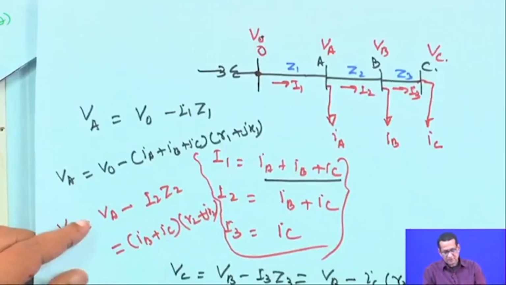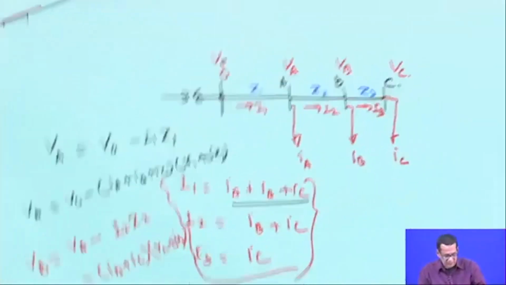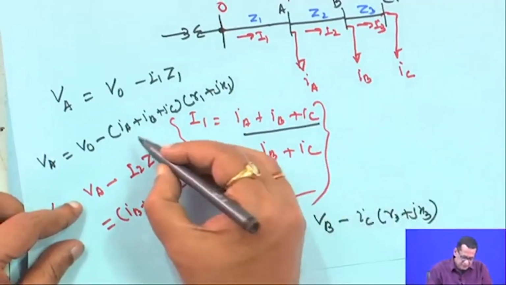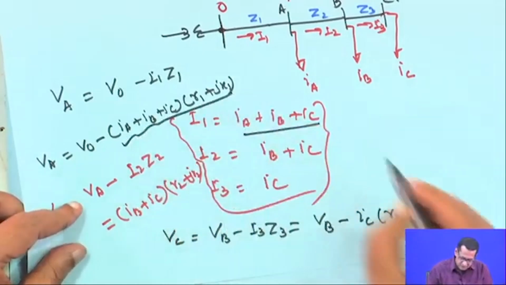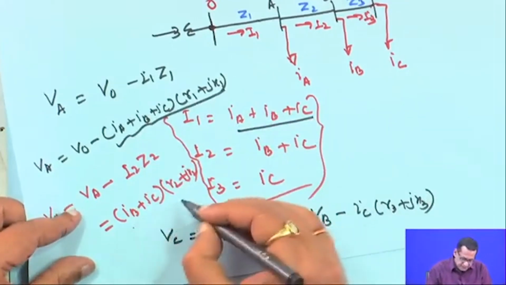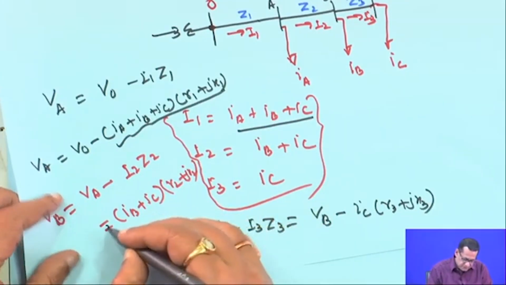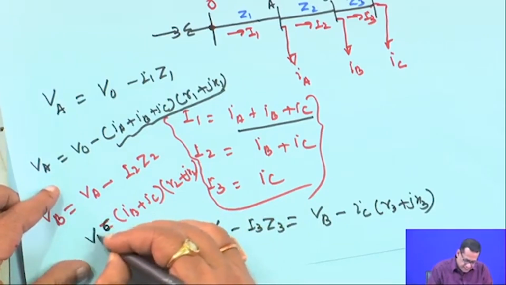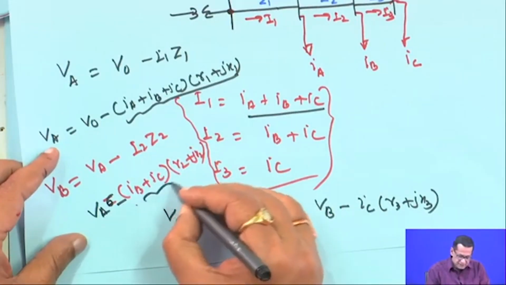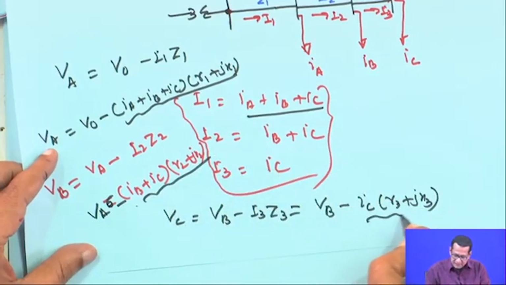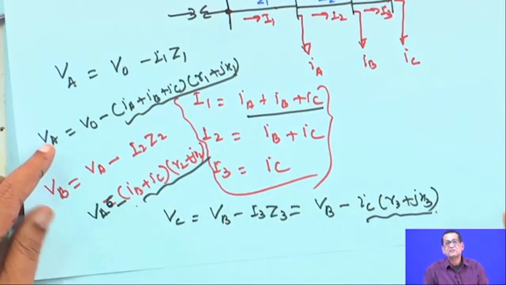So what we are doing is the total voltage drop. This is the branch 1 voltage drop, this is the branch 2 voltage drop and this is the branch 3 voltage drop.